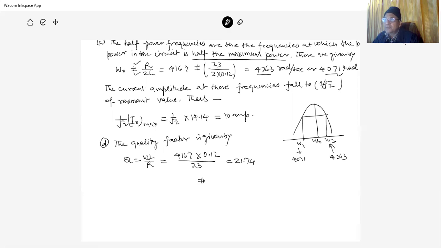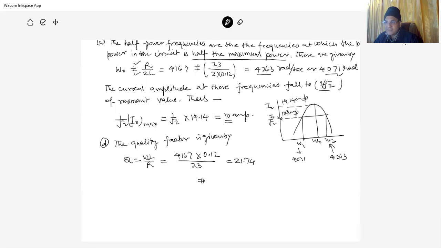The current amplitude at these frequencies falls to 1 by root 2. That is the current: this is I0, so I0 by root 2, this part of the current. At resonance the value is 14.14 ampere, and at these frequencies it is 10 ampere.